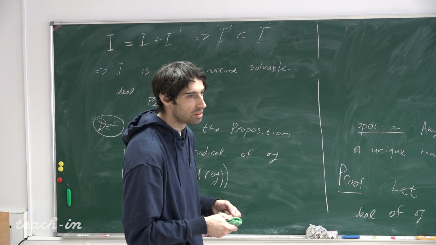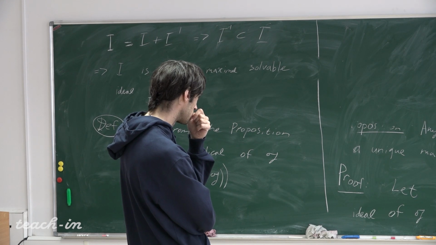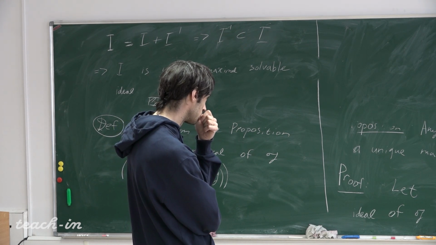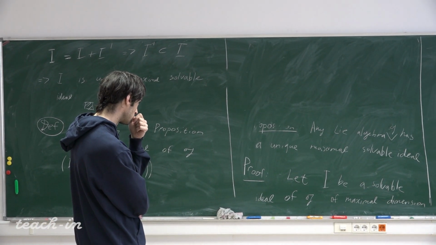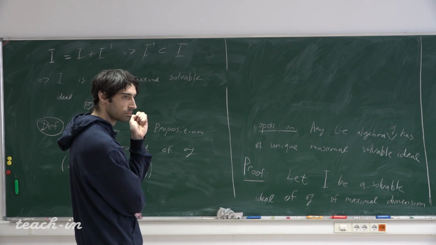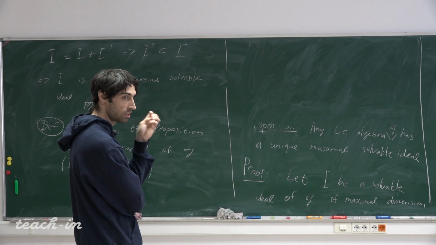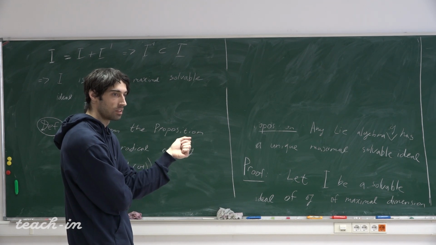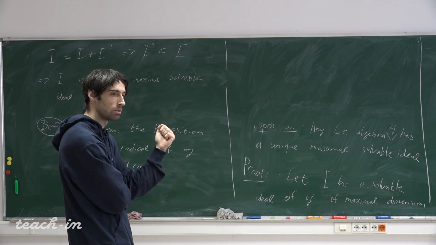So maybe from that definition we obtain this property here about the maximal solvable. Here the maximal solvable ideal means the maximal element in the set of all solvable ideals. It may not be a maximal ideal. Yes, it can be contained in some other, but then this ideal is not solvable. I'm sorry.